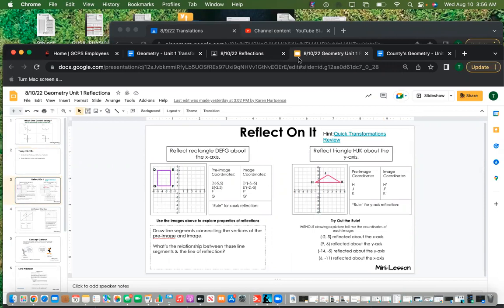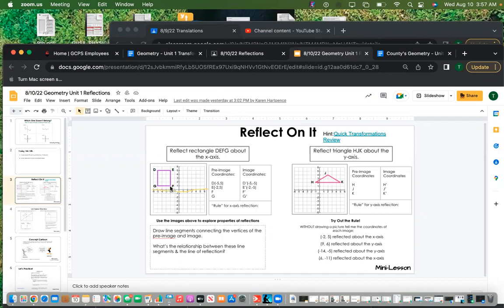Okay, so really quick, this is the x-axis. Okay, so all we're going to do is we're going to take each point and we're going to put it over that, equidistant away from that line.